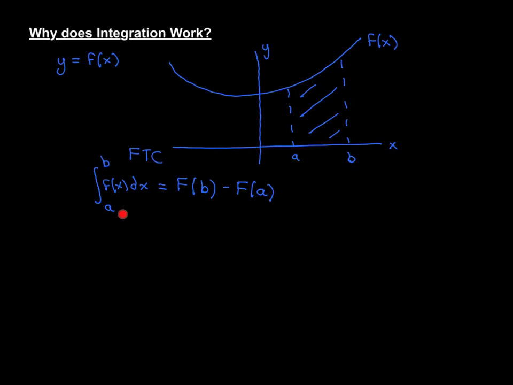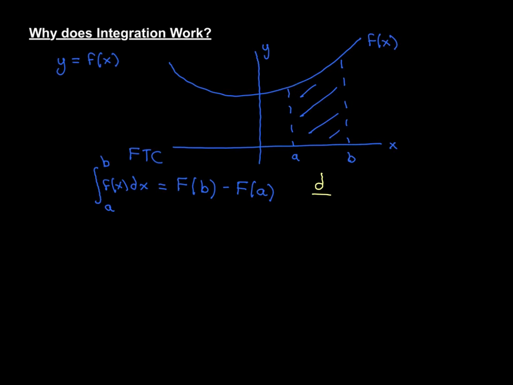This says that if we want to know the area under the curve f of x between 2 points a and b, what we need to do is anti-differentiate. So we need to find a function capital F of x such that when you differentiate it, you get little f of x. So I'll just write that down explicitly over here.